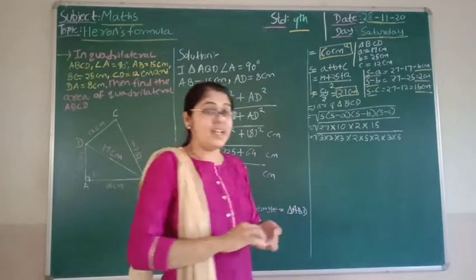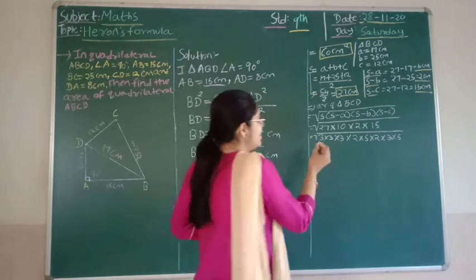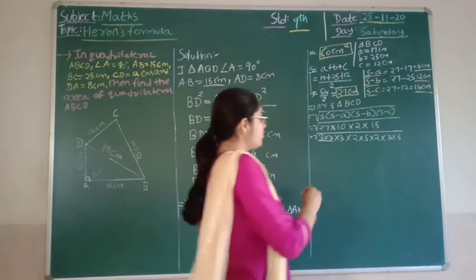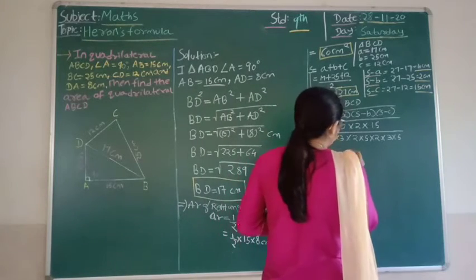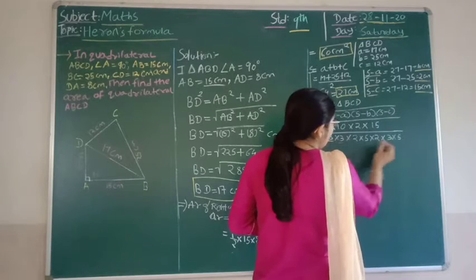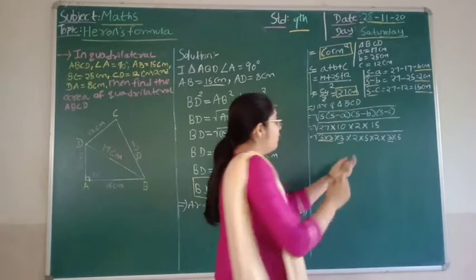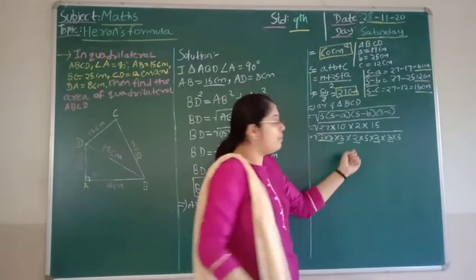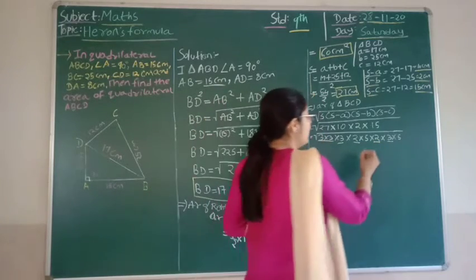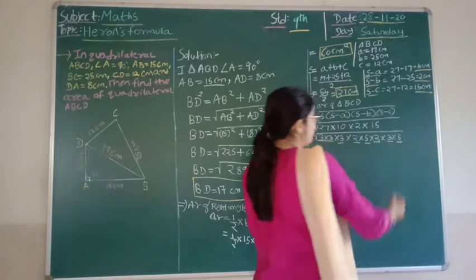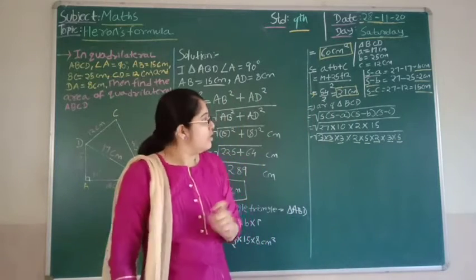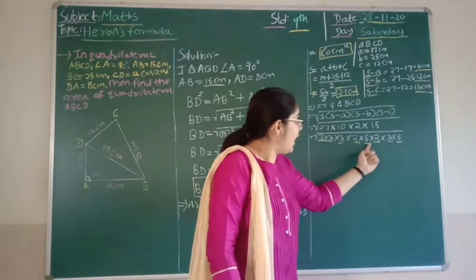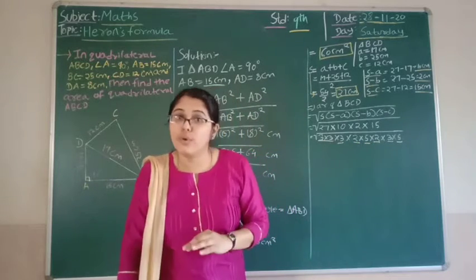Now we need to find the pairs. So one pair is 3 multiplied by 3, and this 3 and this 3 will make a pair. This 2 and this 2 will make a pair, and again this 5 and this 5 will make a pair. So we are getting 4 pairs.